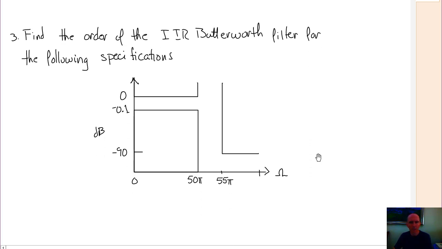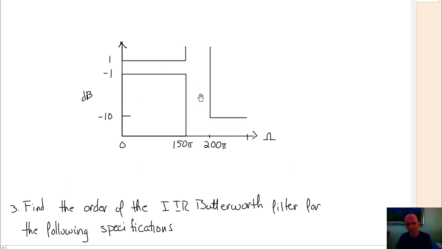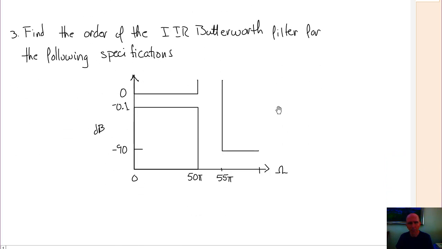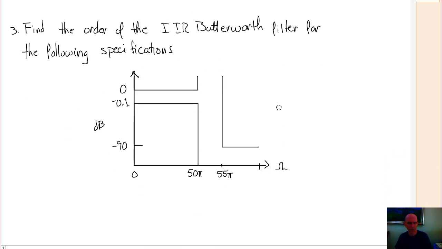The order of the Butterworth filter. In this case, I don't want you to design the filter. I just want you to find the order of the filter. These are more realistic specifications. The earlier specifications are kind of simple so that the order isn't too high and the design is not too difficult. But if you're actually going to manufacture something, I believe these come from a specification in a digital to analog converter.